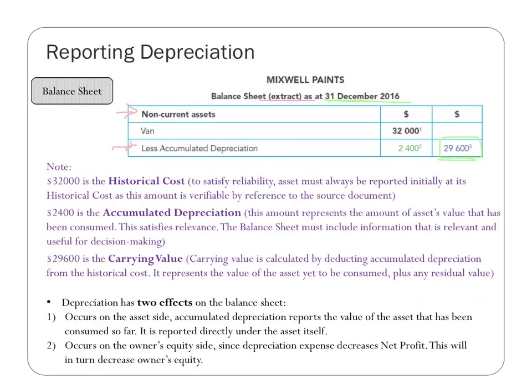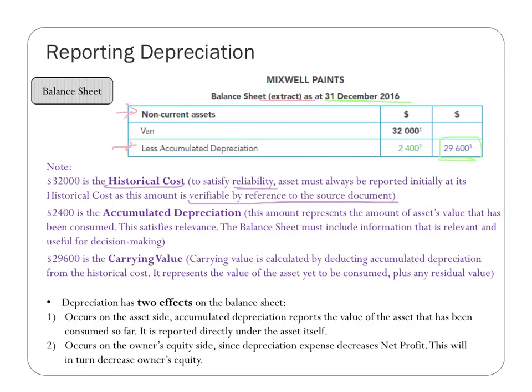Now, as we said, the 32,000 is the historical cost. To satisfy the qualitative characteristic of reliability, remember assets must always be reported initially at their historical cost, because this amount is verifiable by reference to a source document. This is why we need to include historical cost.